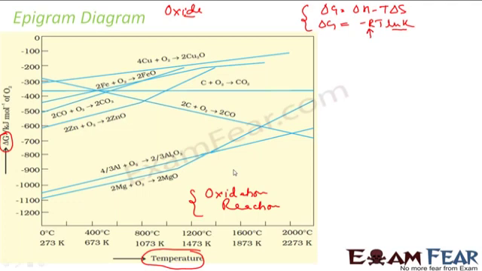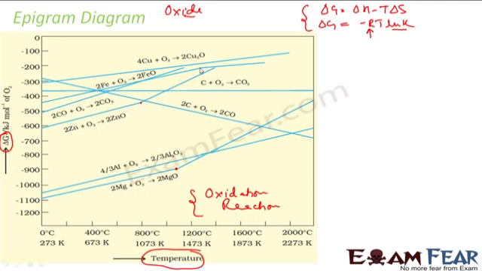Right? Also please note that each plot is a straight line, except in some cases where there is a change of phase. For example, here if you see, the straight line has changed. There is a change of phase here. Similarly, here if you see, the straight line has changed. It is not straight. It now moves up.